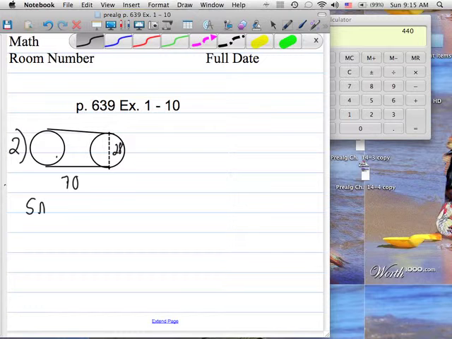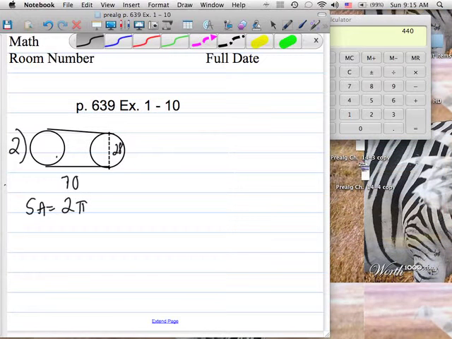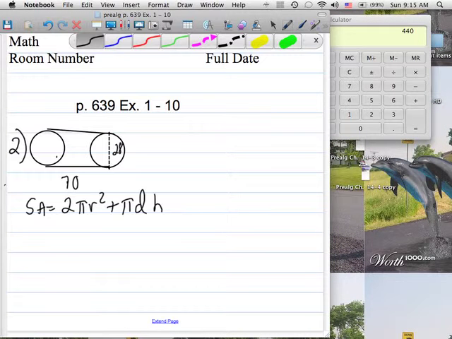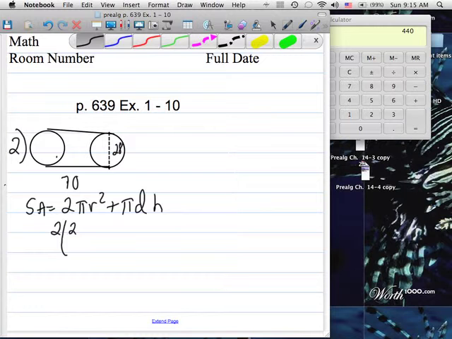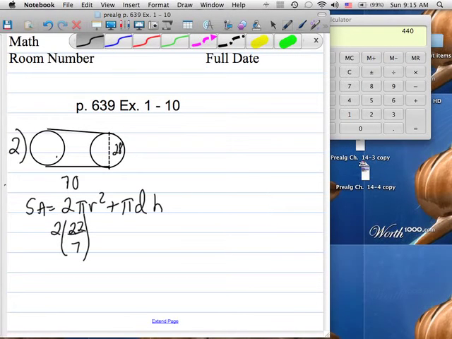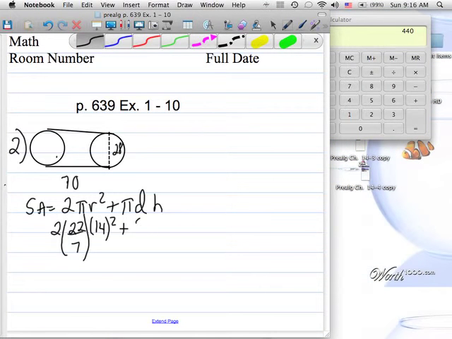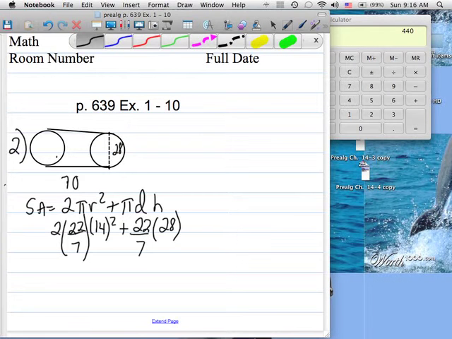So surface area is 2 pi r squared plus pi d h. And I can see 70 and 28 are both divisible by 7, so I'm going to replace pi with 22 sevenths. The radius, if 28 is our diameter, is half of that, which is 14. So that's 14 squared. Plus pi 22 sevenths, the diameter is 28, and the height is 70.